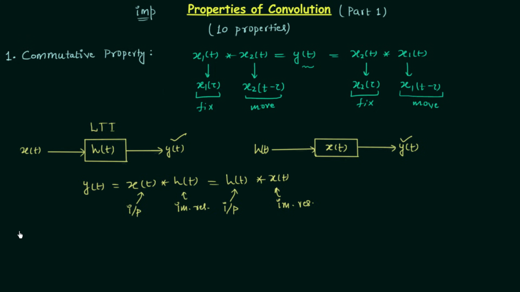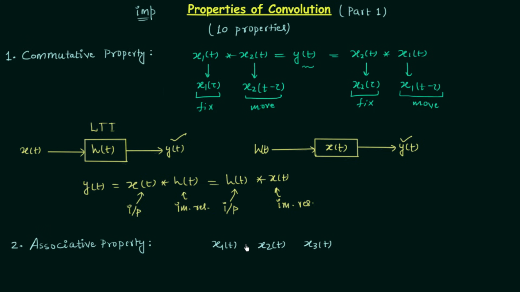Now we will move to the second property. The second property is known as the associative property. To understand this property, let's say we have three signals, x1(t), x2(t) and x3(t), and we are convolving signal x1(t) and x2(t) first.